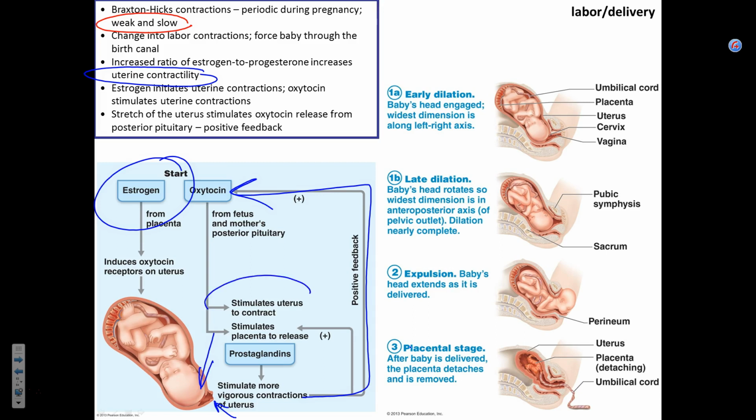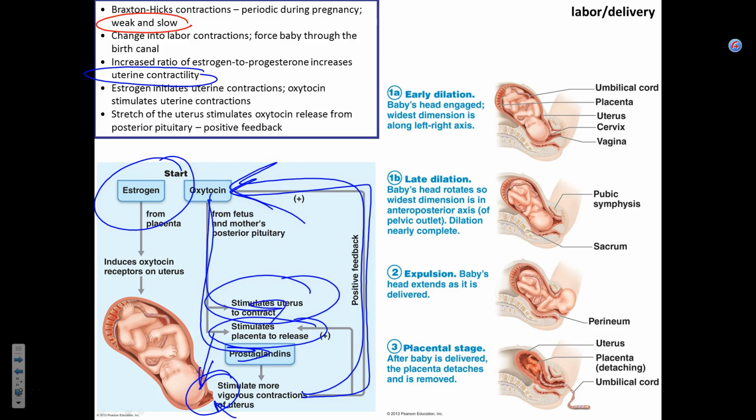Oxytocin directly stimulates uterine contractility and also stimulates release of prostaglandins from the placenta, which will stimulate uterine contractility. So that elevated uterine contractility forces the baby out, and the baby's head pushes on the uterine cervix even more, sending signal back, increasing prostaglandins and oxytocin, and that's the positive feedback loop. That makes sense?